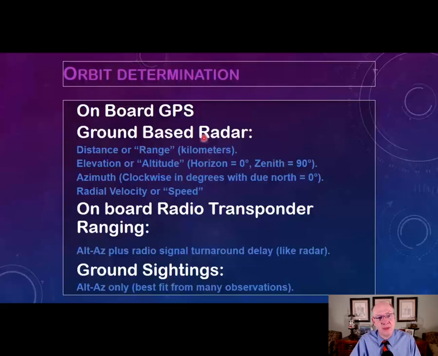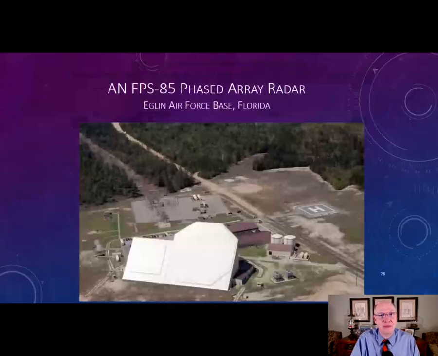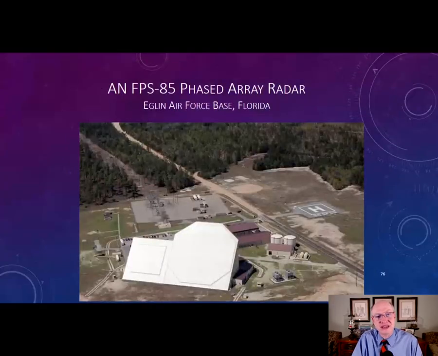I want to talk a little bit more about this ground-based radar, though, and how we do that. The vast majority of orbital elements, as I mentioned, are measured by the United States Space Force with the Joint Space Operations Center. This is Eglin Air Force Base in Florida, and there is a giant phased array radar.